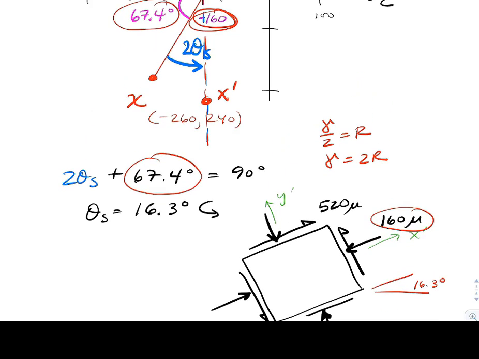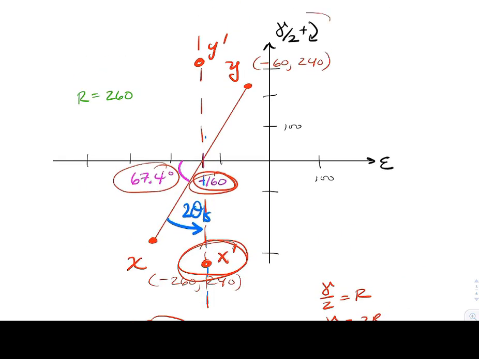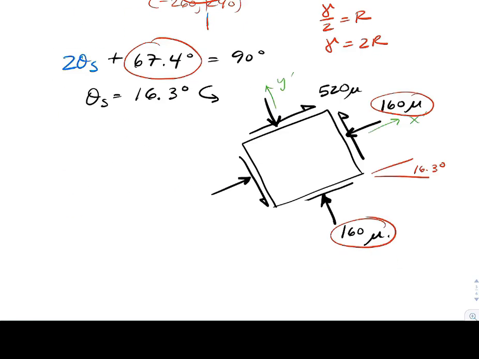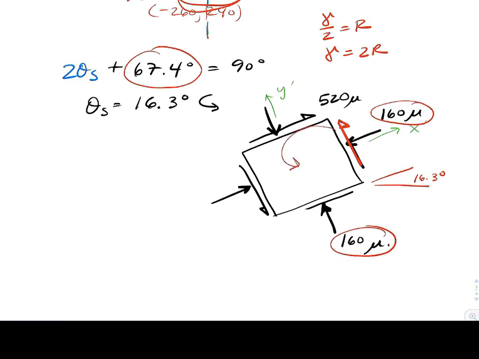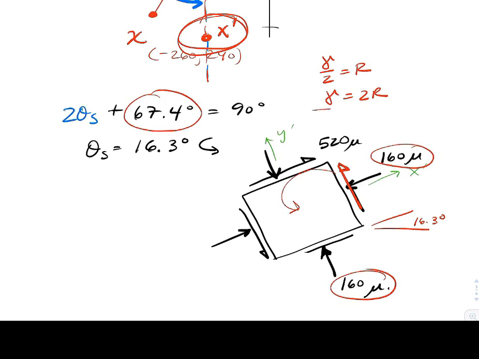On the x prime face, we'd be down here in the negative shear strain. Negative would be in the counterclockwise direction. So on that face, we're going to draw the shear strain causing the element to rotate counterclockwise. Draw one, we can draw them all, and the shear strain is twice the radius because the vertical axis is gamma over 2.